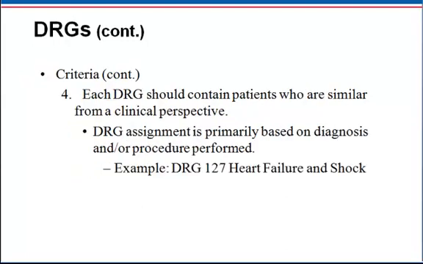And finally, criteria 4 was that each DRG should contain patients who are similar from the clinician's perspective. So DRG assignment is primarily based on the diagnosis and/or the procedure performed.